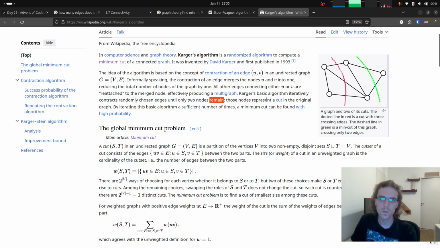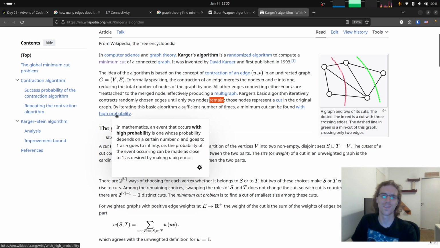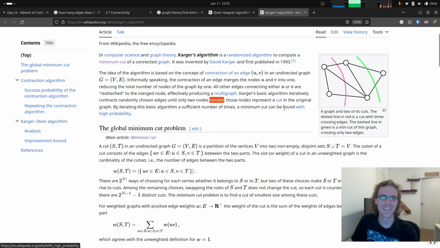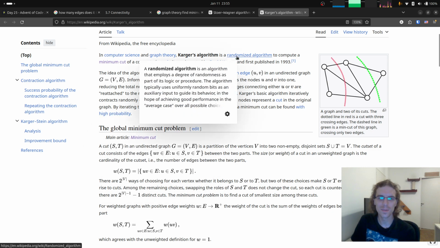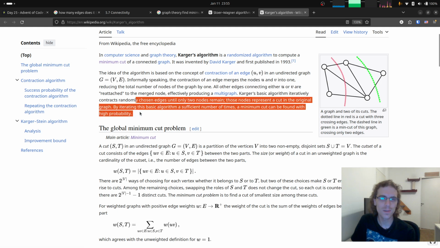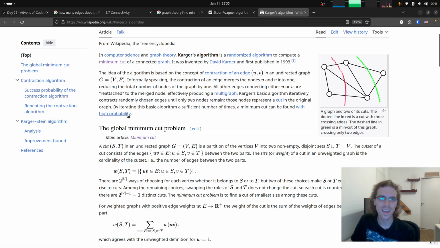Those nodes represent a cut in the original graph. By iterating this basic algorithm a sufficient number of times, a minimum cut can be found with high probability. What? So it's a randomized algorithm. That's interesting. I've never done one of these. High probability of finding it.